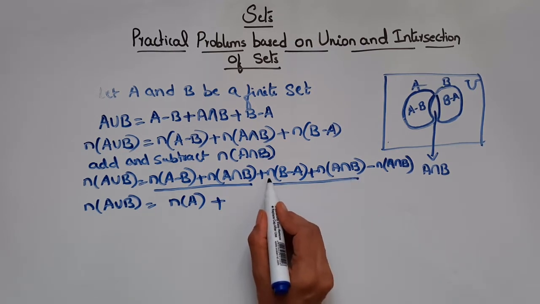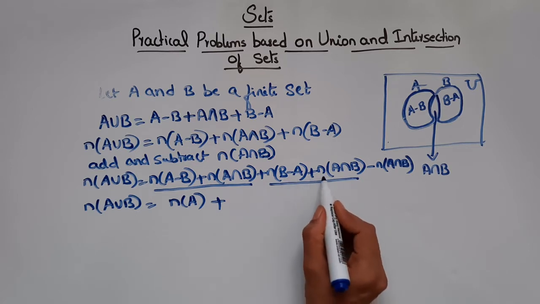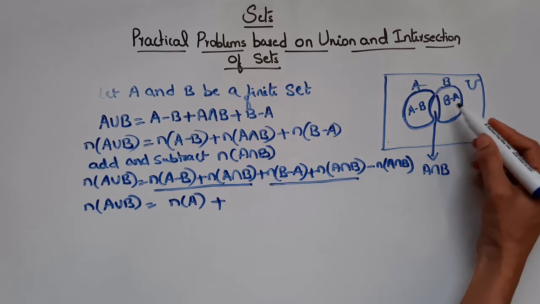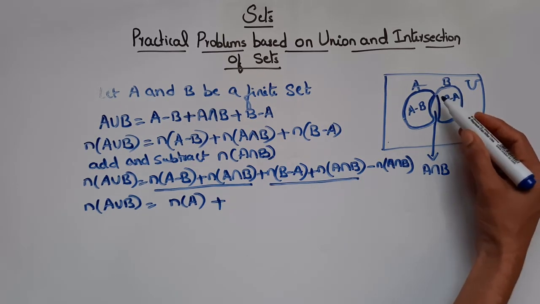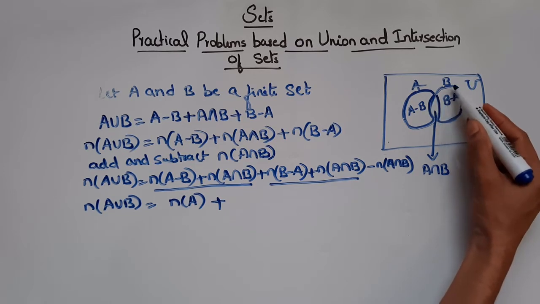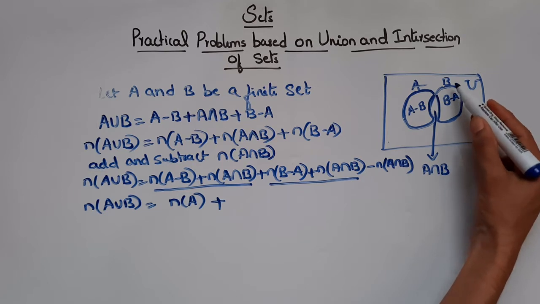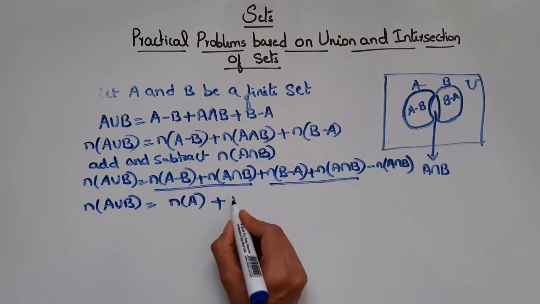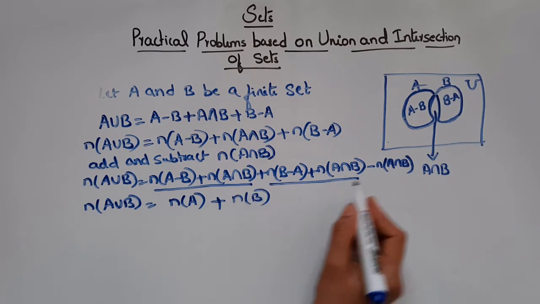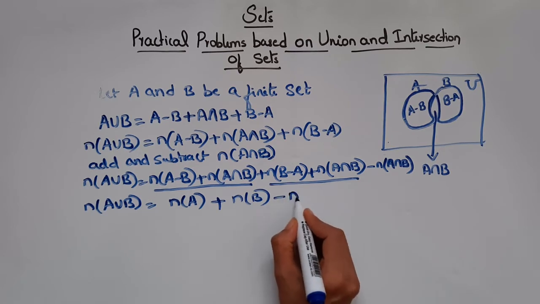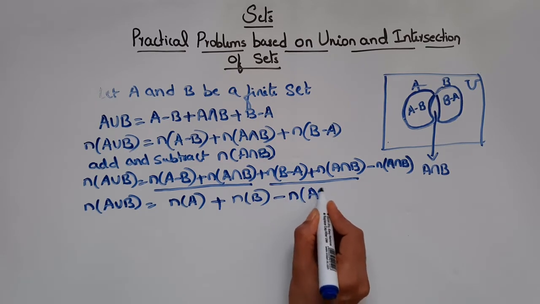Here we have n of B minus A plus n of A intersection B, so that means this whole circle, which is nothing but your set B. So the number of terms in set B. So here we are left with minus n of A intersection B.